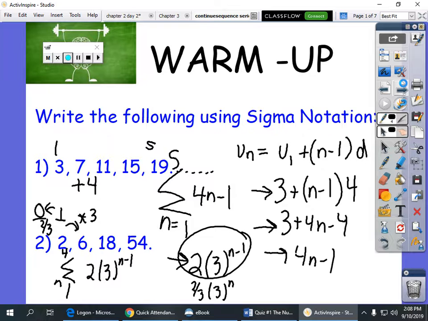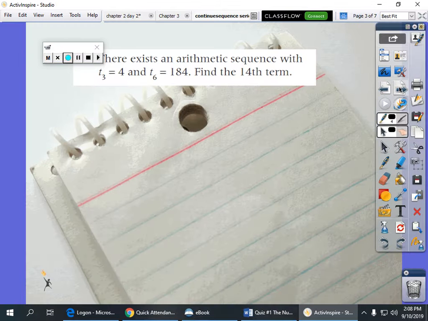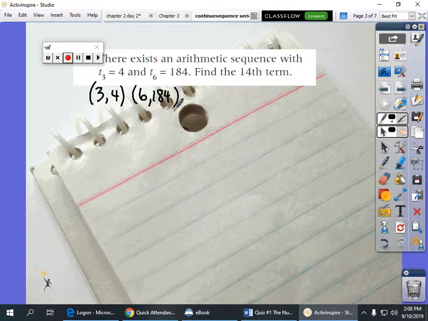Number 4. Number 4 is very similar to number 2. If I can have your focus. Okay? I want you to treat these as ordered pairs. So 3, 4, and 6, 184. D is nothing more than slope. Arithmetic goes with linear functions. So it's nothing more than slope. D is my slope, okay?